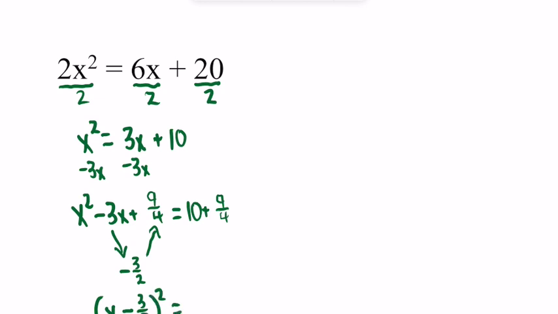On the right side, 10 plus 9/4. 10 is the same thing as 10 over 1. If I multiply both of those by 4 to get a common denominator, we would have 40 over 4 plus 9 over 4, which gives us 49 over 4 on the right side.